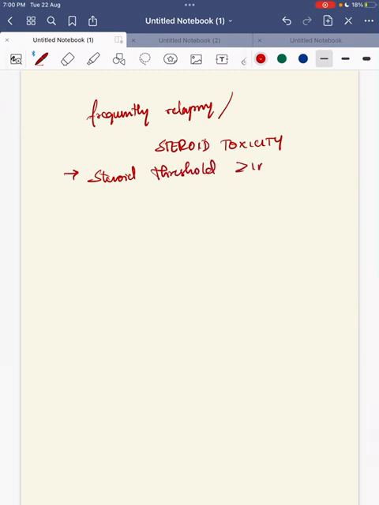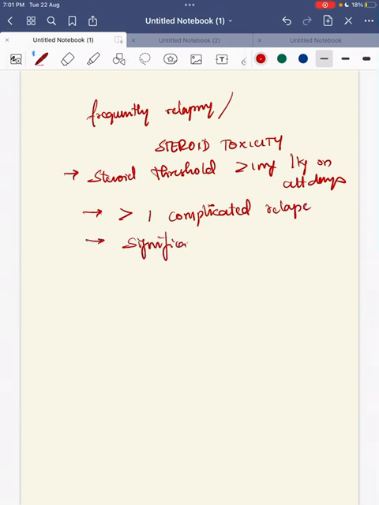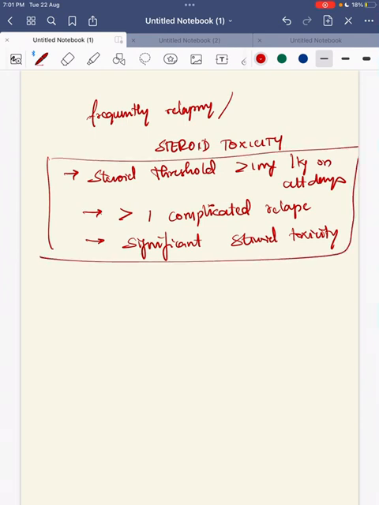Or if the child has a steroid threshold of more than 1 mg per kg on alternate days, or more than one complicated relapse. Complicated relapse is when the child presents with relapse with hypovolemia or severe infection, or with thrombosis. So if the child has more than one complicated relapse or significant steroid toxicity, what do you do next?